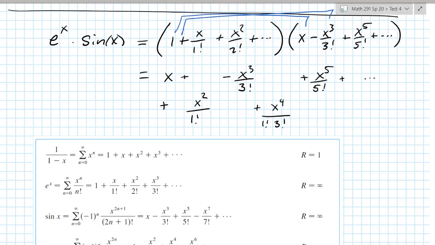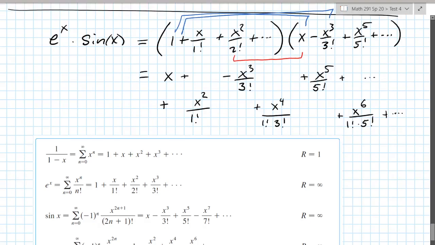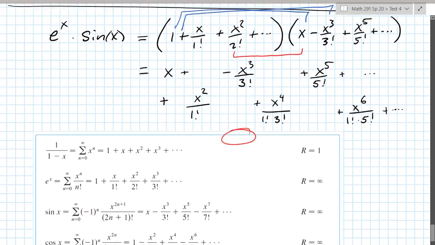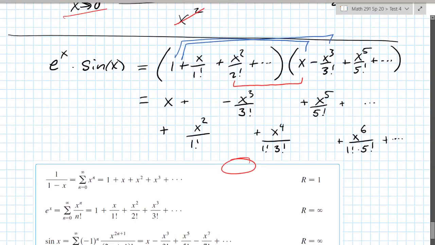And then the next would give me an x to the sixth over 1 factorial times 5 factorial, and so on. The next one we would have to line up with my cubes, and so that would go here. And the next would be, wait, did I get that wrong? Yeah, cubes, and then fifths, and then sevenths.